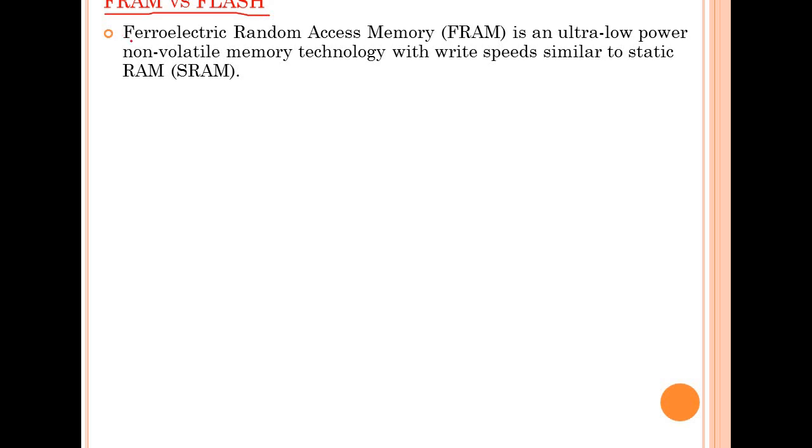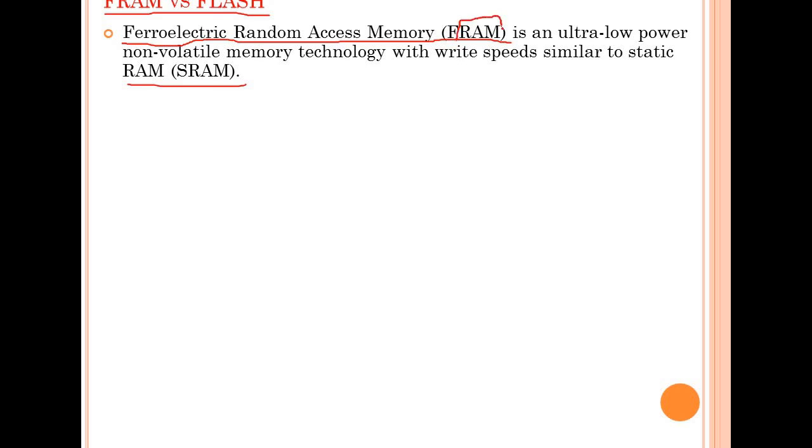FRAM means ferroelectric random access memory. FRAM is an ultra low power non-volatile memory technology with write speed similar to static RAM. Something interesting is that FRAM has RAM in its name, random access memory.